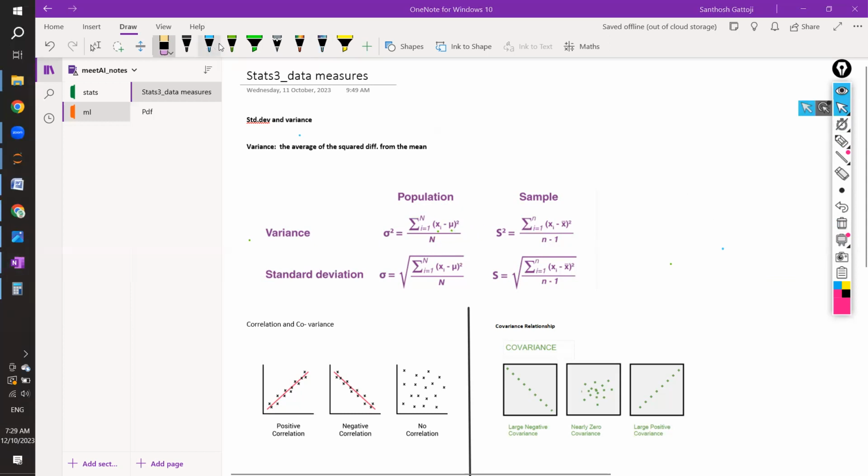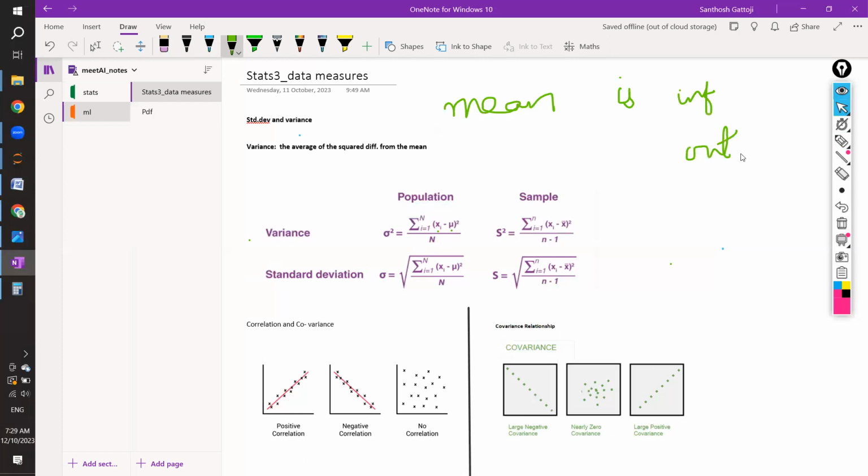But if you remember, mean is influenced by outliers. Agree? Mean is influenced by outliers. So you should be a little careful when using variance and standard deviation in a data set containing outliers, because if the mean is affected and you use the same value here, variance will be affected, and you take the square root of this to get standard deviation, so this will also get affected.